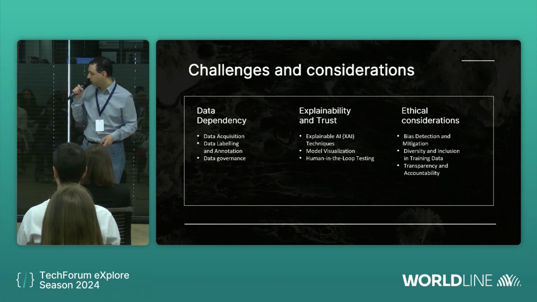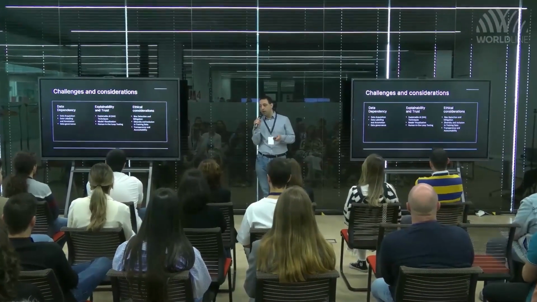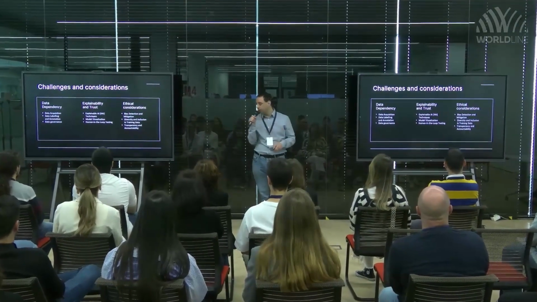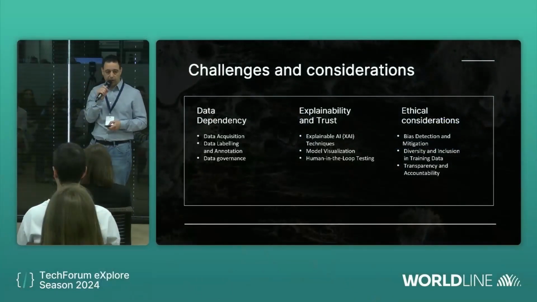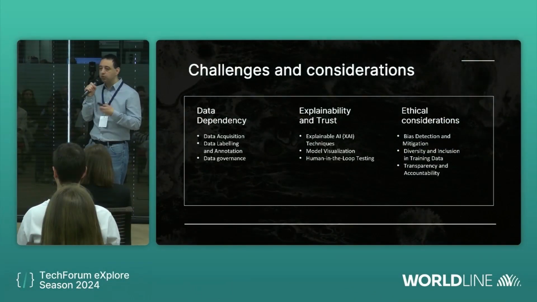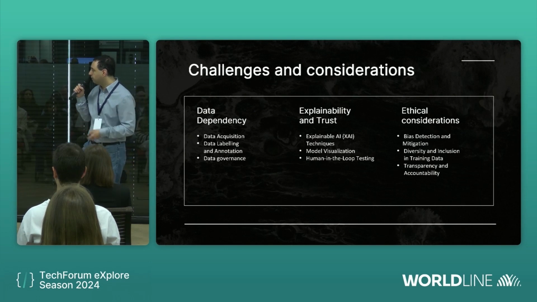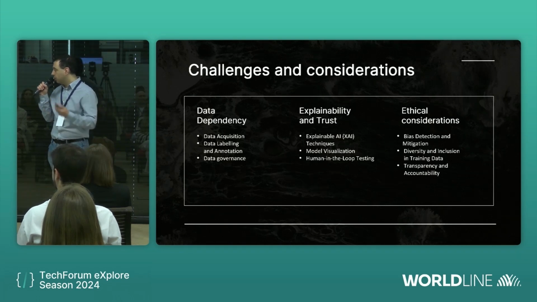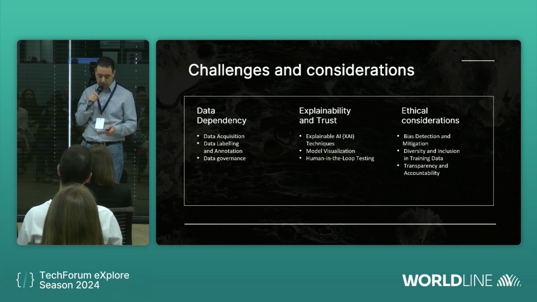Also explainability and trust, which means, okay, you're getting a result from a very powerful tool, but you want to know what's going on. You want to know really why you are getting these results, and is there anything I'm not really knowing right now about the way we are getting these results. That's what human in the loop means, having an actual human being in the middle. And of course, some ethical considerations like bias detection, diversity and inclusion in data, accountability, etc.